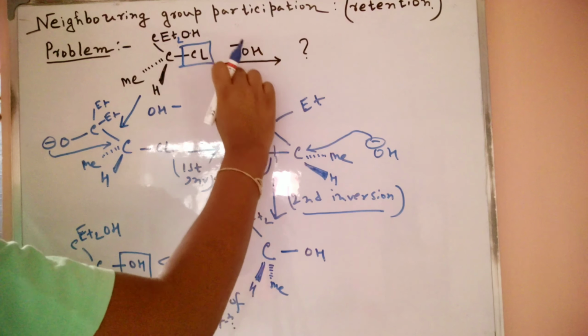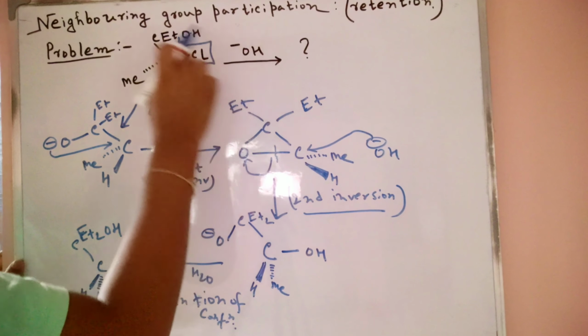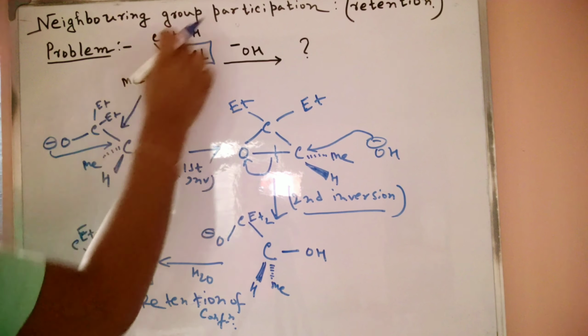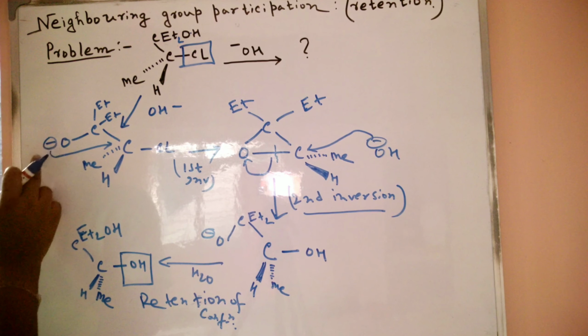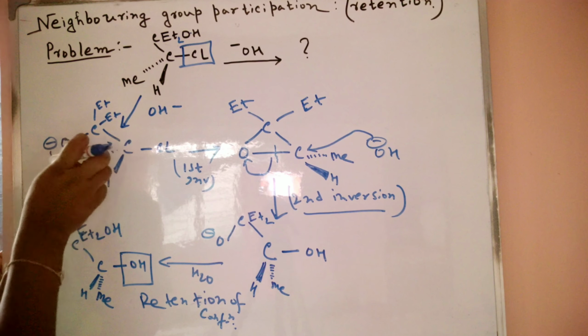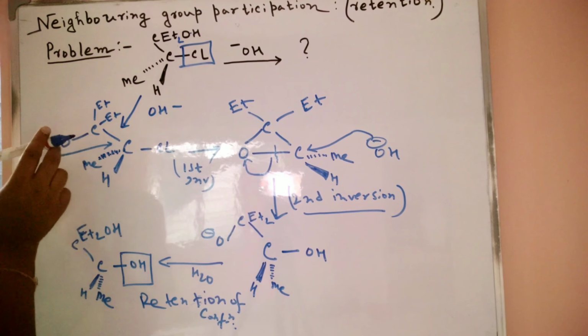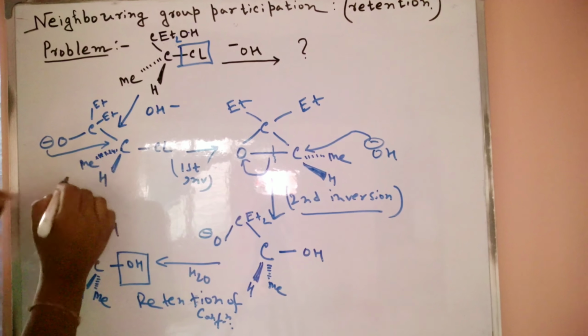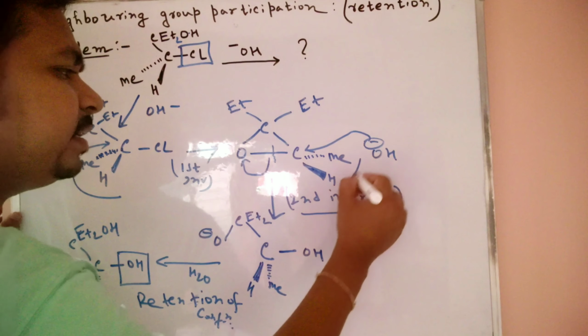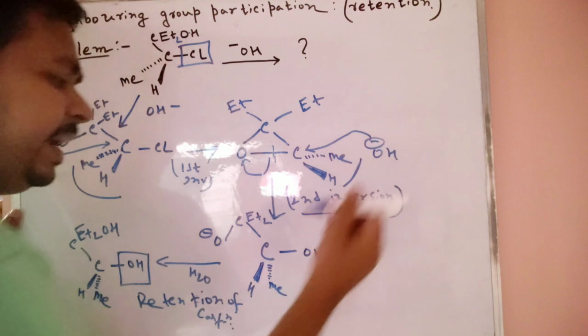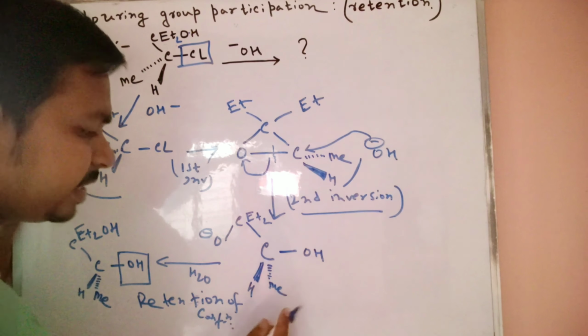So when we use OH minus in presence of base, this hydrogen is abstracted, and the minus charge forms. This minus charge attacks the carbon from the backside, and from the inversion the product is inverted, and then when the OH minus attacks from this side, this bond is inverted.